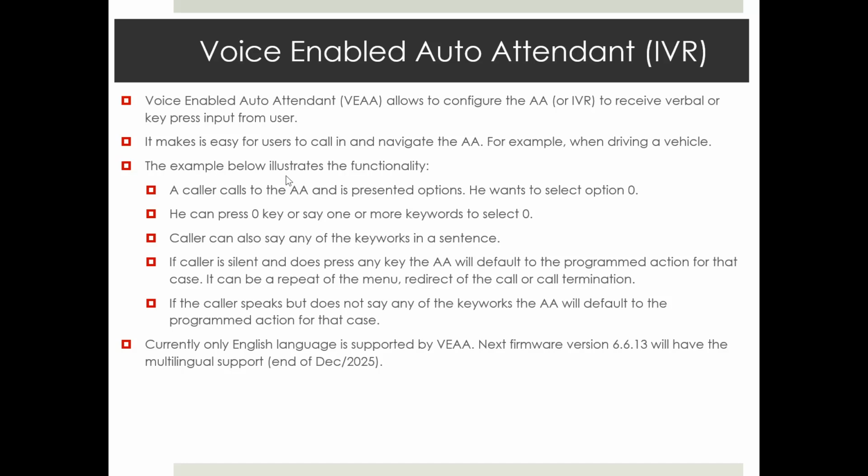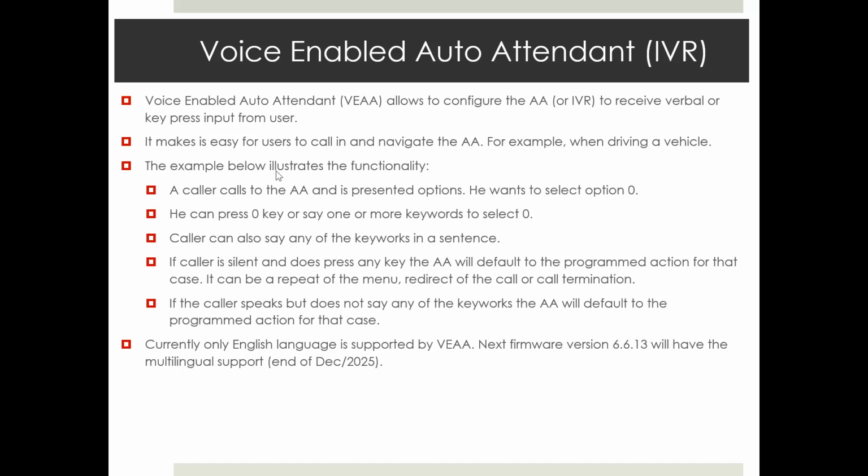For example, a caller calls into the auto attendant and is presented with some options, and he wants to select option 0. Of course, he can press the digit 0, or he can say one or more keywords that will also choose that same option 0. Any of those keywords can be in a sentence.